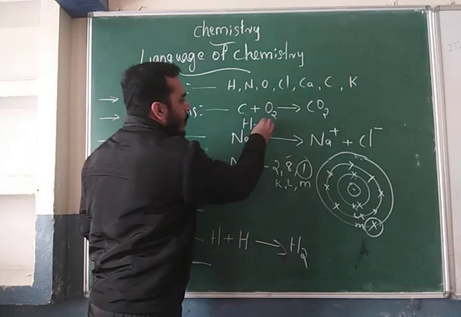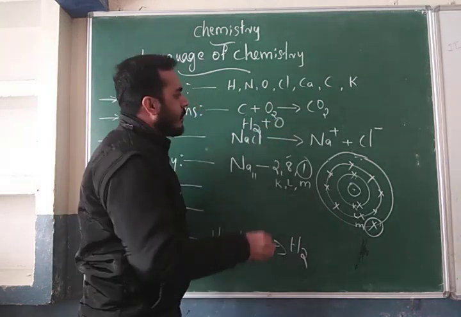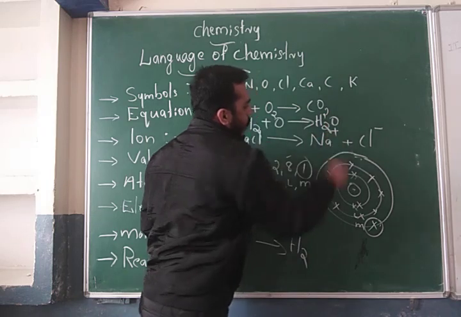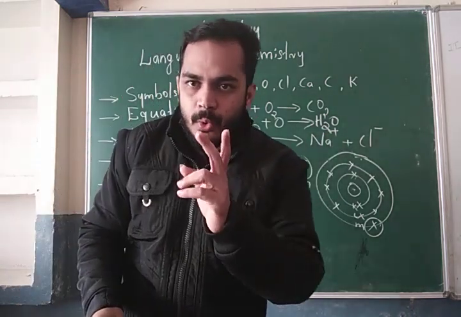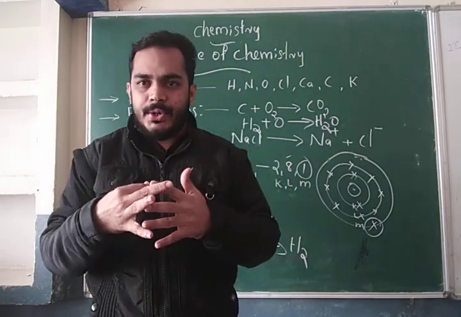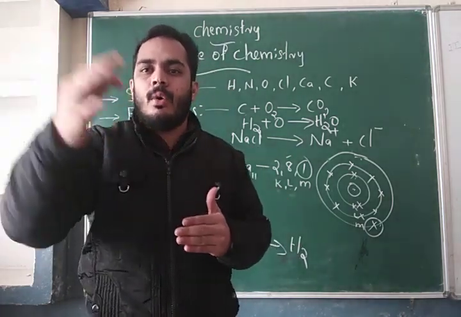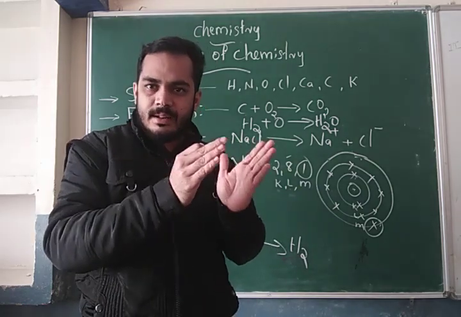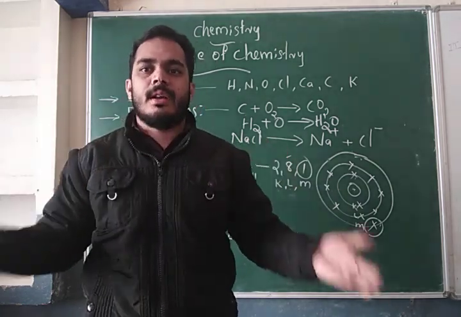Hydrogen plus oxygen combine to form H2O. Two hydrogen atoms and one oxygen atom combine to form one molecule of water. So the reactants and the product are entirely different.